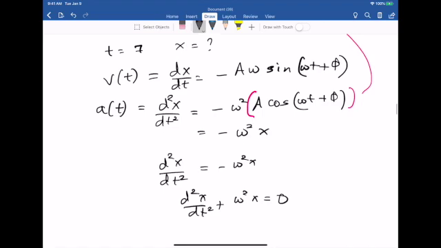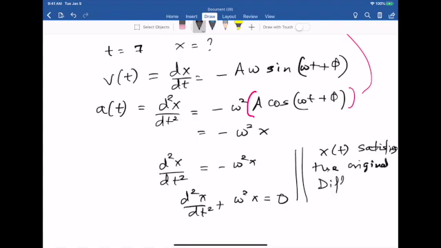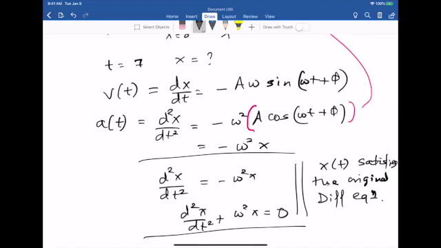So what we saw here is that the x of t that we have chosen satisfies the original differential equation. That's a nice side benefit of doing this. We wanted to find the velocity and the acceleration, and in finding the acceleration, we also saw that the function x of t does satisfy the original differential equation.